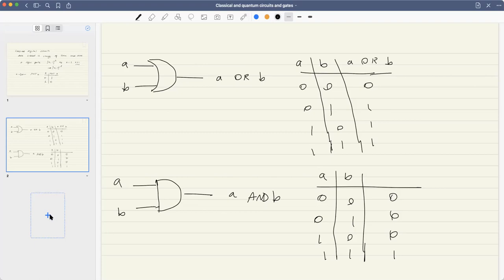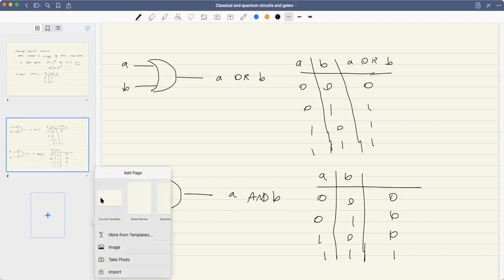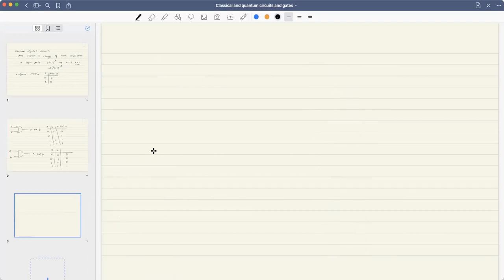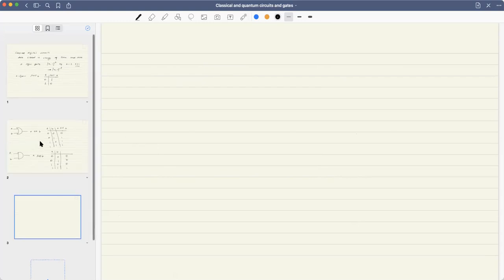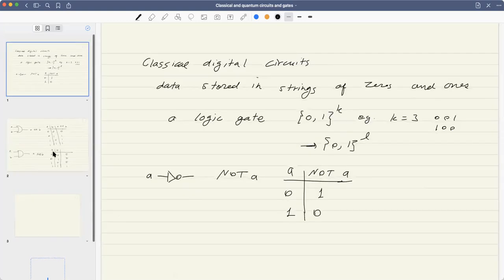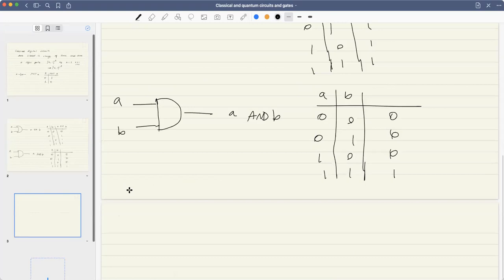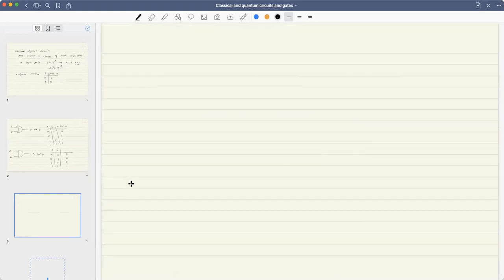Okay, so that's another famous gate. These are all classical. The bits are just classical bits that are 0 and 1. So let's draw maybe another one. It's called XOR.